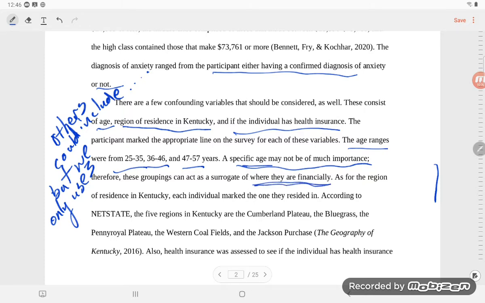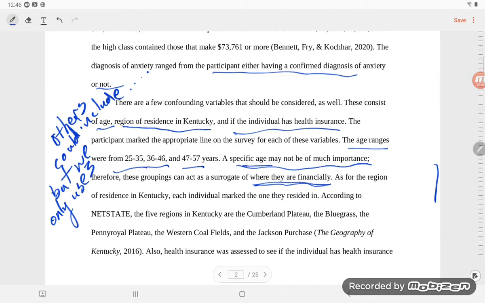Here they mention that the age ranges might be talking about various things, but in particular financial. And that's kind of important because that's the explanatory variable, is their socioeconomic status.